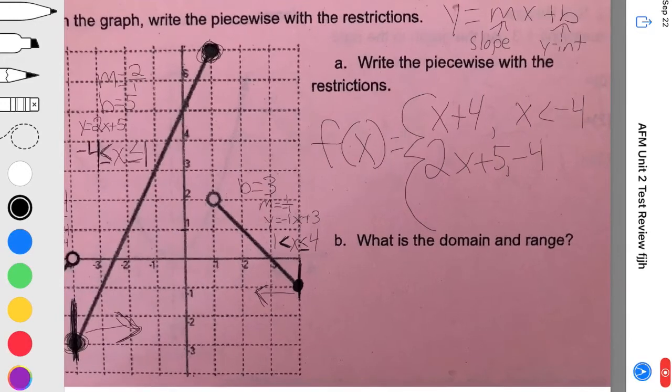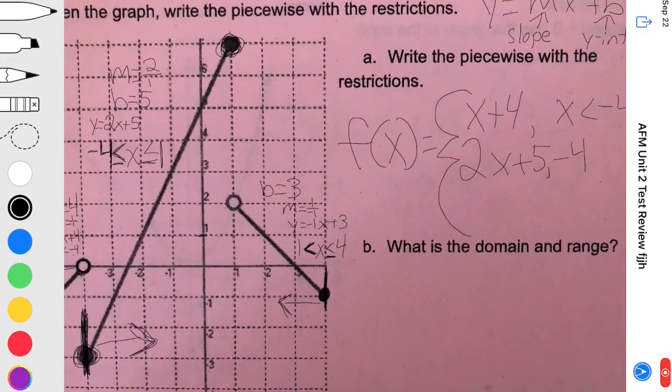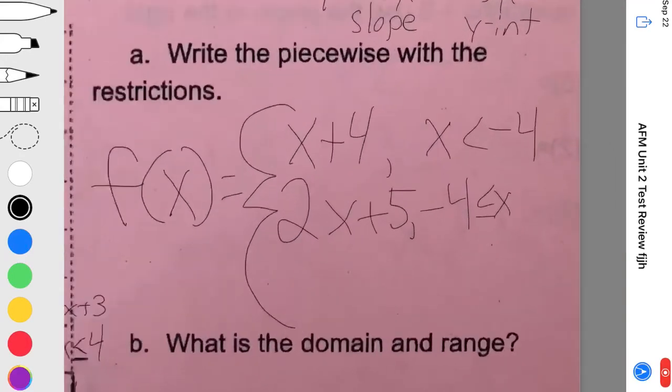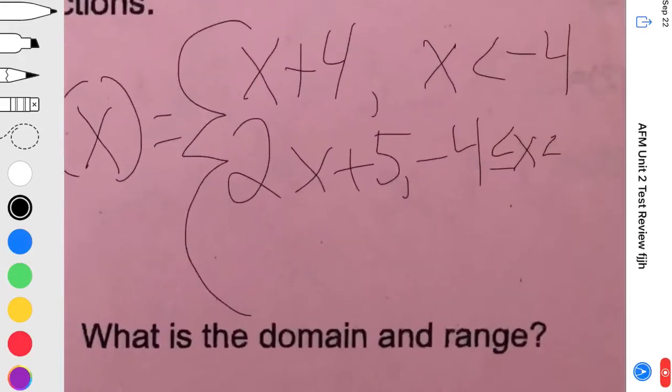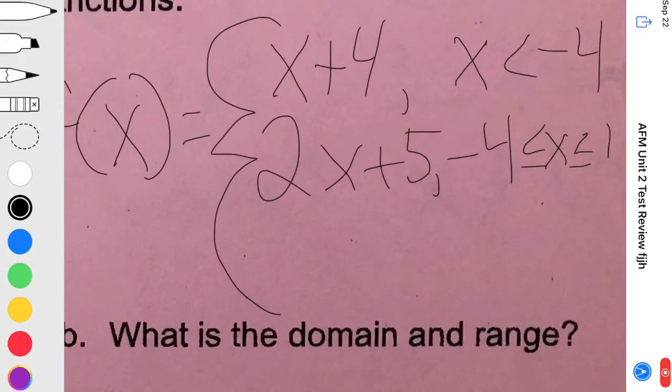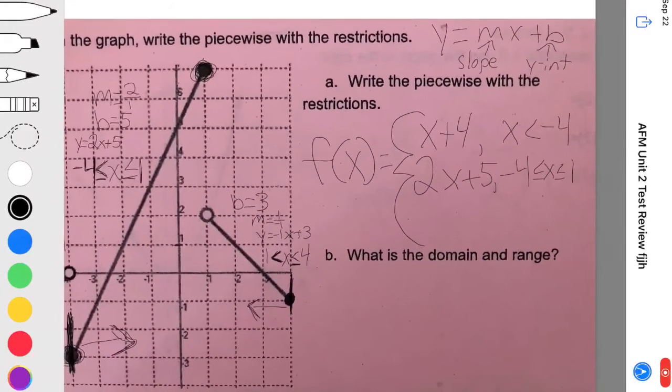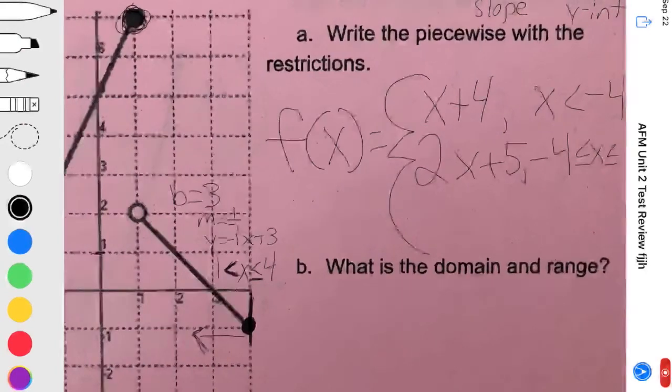You can put commas in between if that helps you. Less than or equal to x, and then it can equal 1. Just rewriting what I've already written because it has to be put into a piecewise for it to be correct.